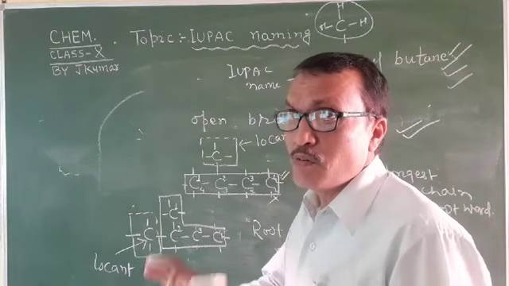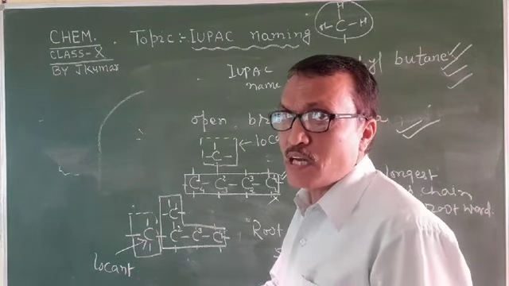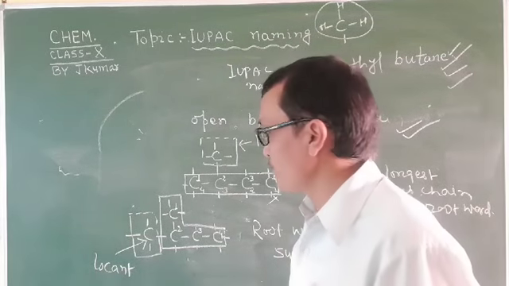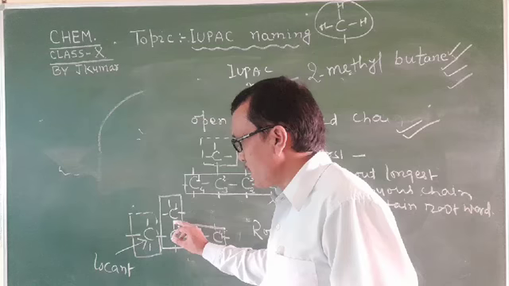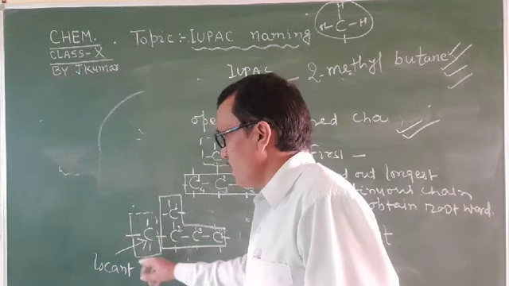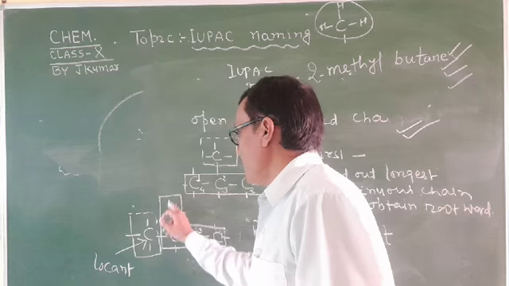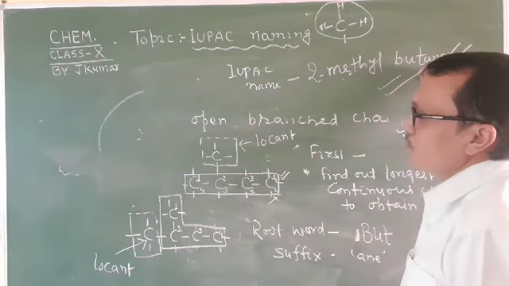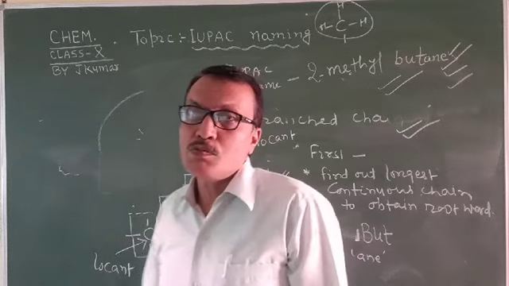So the chain will be counted from that side from where the locant gets the lowest position. So in this case the locant is on second carbon, so its name will also be 2-methyl butane.